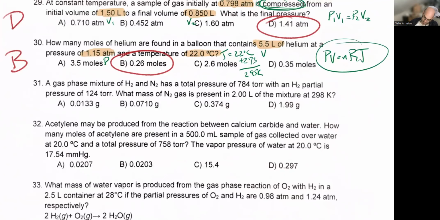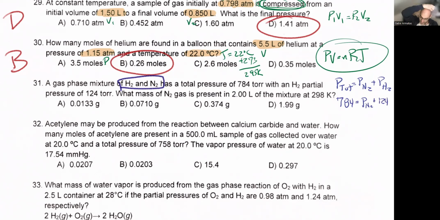So what this means, having those two things present together, is that the total pressure is equal to the pressure of H2 and N2, or N2 and H2, as I wrote it, right? So the total pressure of 784 torr with a partial pressure of H2 of 124.